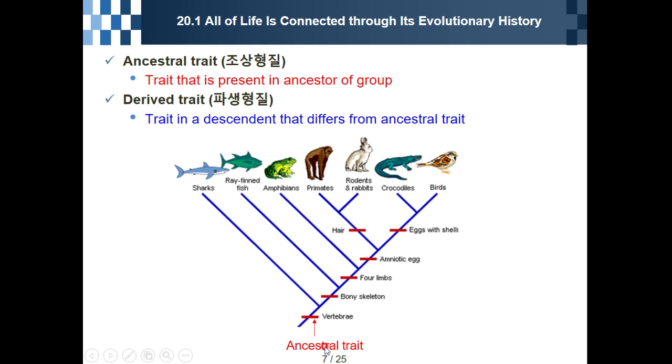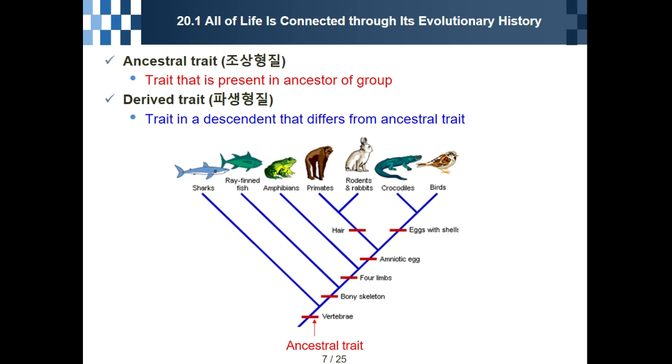Okay, so this one, vertebrate means that they have a backbone. So this we call an ancestral trait: the trait that is present in the ancestor of a group. So the common ancestor has the vertebrate, meaning they have the backbone. So this one we call an ancestral trait.